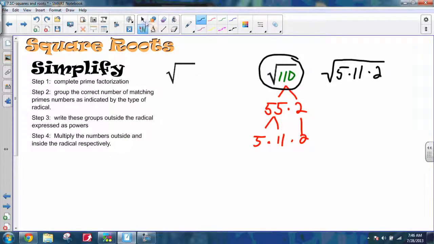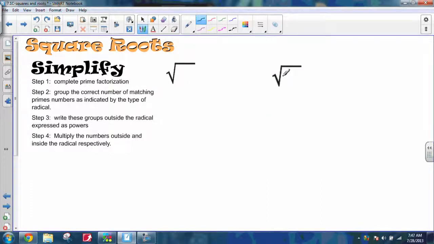Let's look at another problem. The problem will be the square root of 360. So step number 1, let's complete the prime factorization. So one factor is 36 times 10. And then we'll break down the 36 into 6 times 6, and the 10 will break down to 5 times 2.